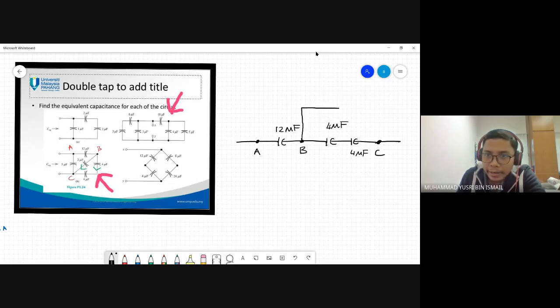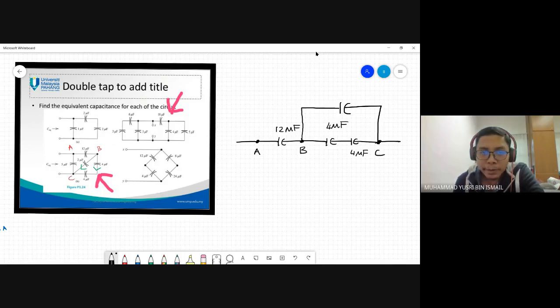Kita buat B to C, dia adalah parallel, sebab dia adalah cabang yang berbeza. Kita boleh pegang konsep lebih kurang macam tu lah, tapi dalam bahasa elektrik ni dia adalah node yang berbeza. And then kita ada lagi satu node yang berbeza which is C to A. Dia ada satu lagi kat atas ni.